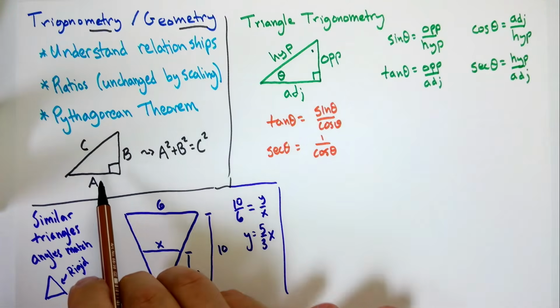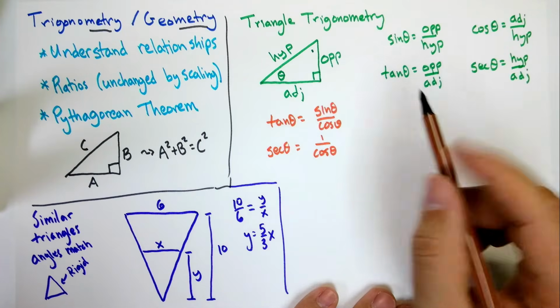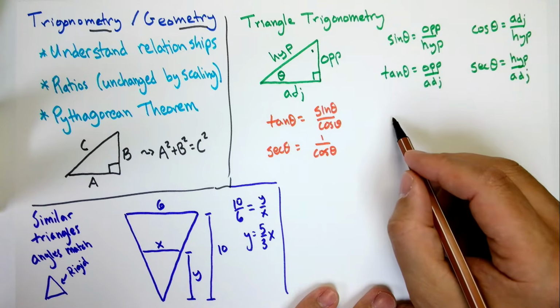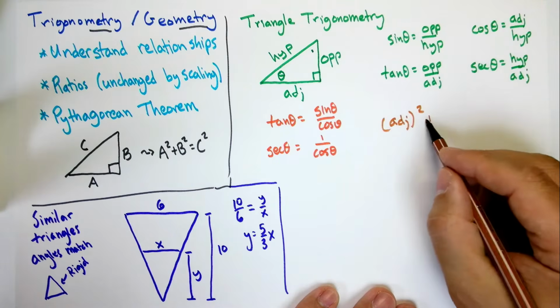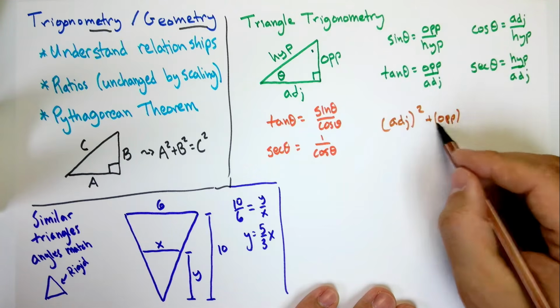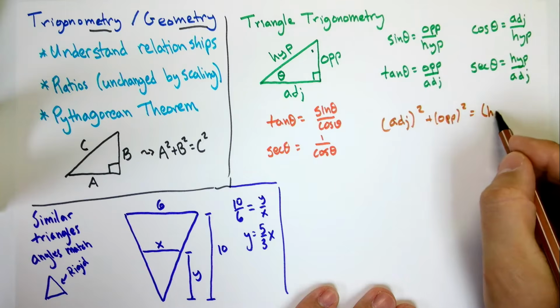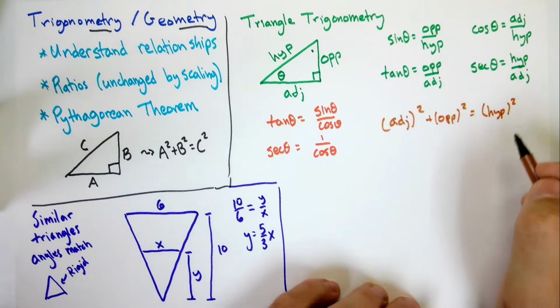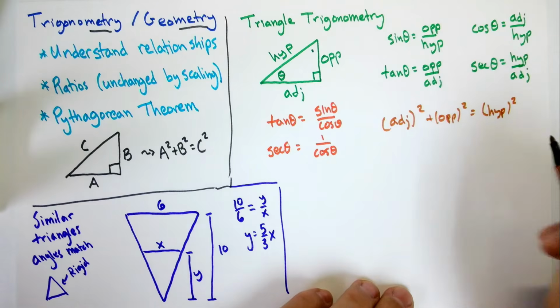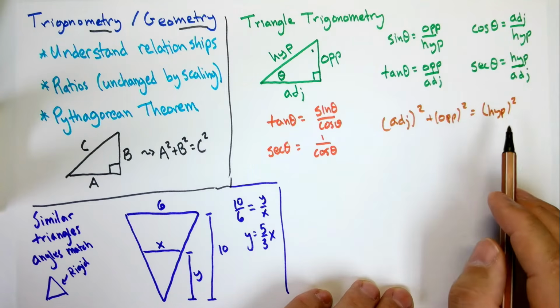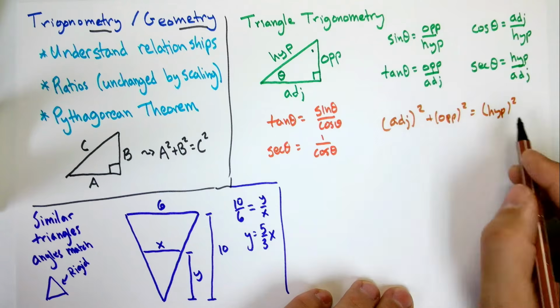So we go back to the Pythagorean theorem. If I come here, what do we have? We have that the adjacent side squared plus the opposite side squared is equal to the hypotenuse squared. Now we can rewrite this by doing some division. Suppose for a moment we divide everything by the hypotenuse squared.